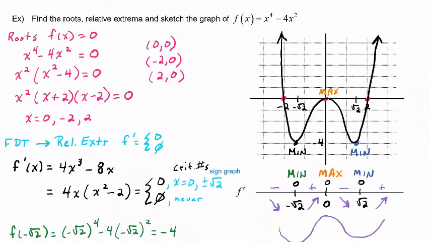For this function, f of x equals x to the fourth minus 4x squared, we didn't have to do a domain restriction because the domain of any polynomial function is all real numbers. So there are no restrictions. X can be anything on the real number line. And that's why we didn't have to have a domain restriction on this one.